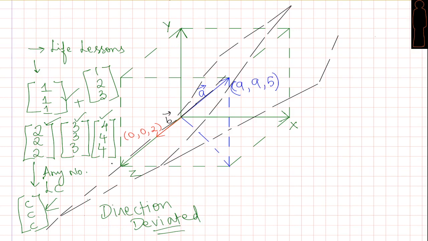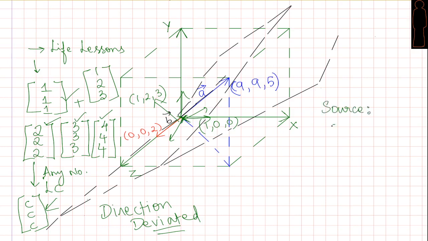Are there any other lessons that we can think of? Here is another beautiful philosophical lesson that I thought I could share. When we draw vectors, we always draw them from the origin. Whichever vector it is, let's say this is the vector 1, 2, 3, and here is the vector 1, 0, 0, we understand that all of them are originating from the source.